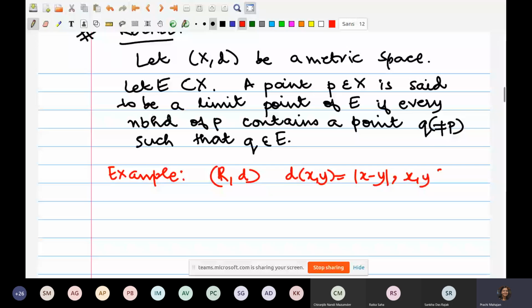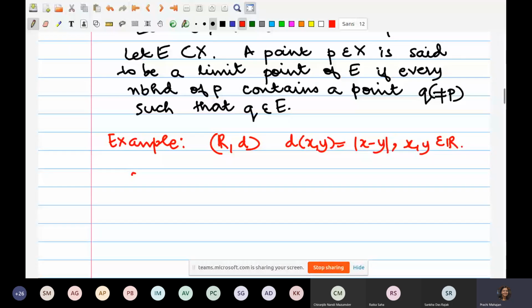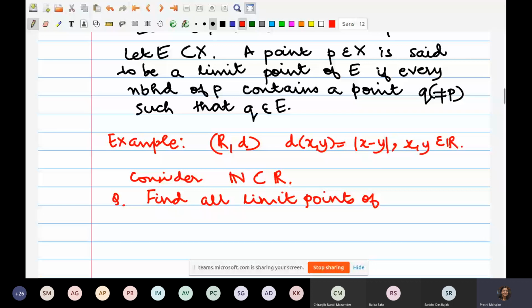Now consider the subset of natural numbers, which is a subset of R. The question is: find all limit points for N. Does everybody understand the question?